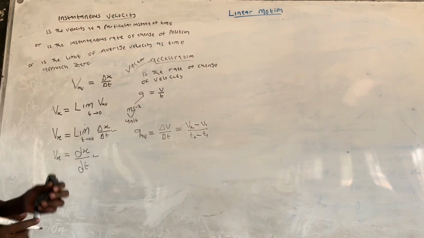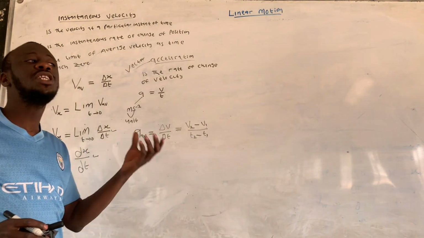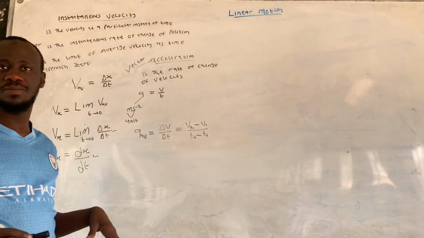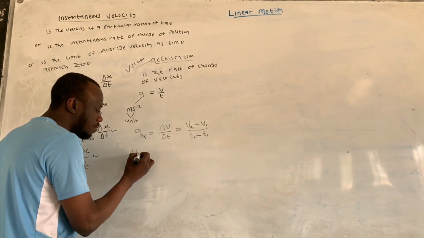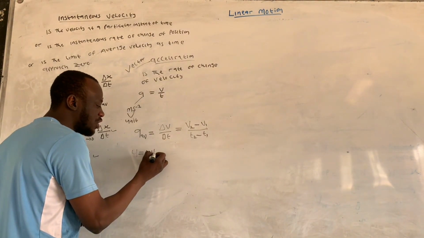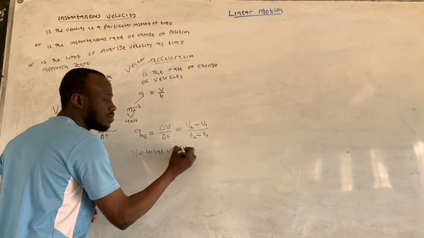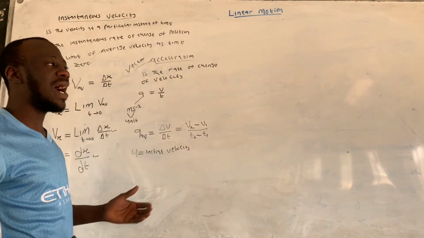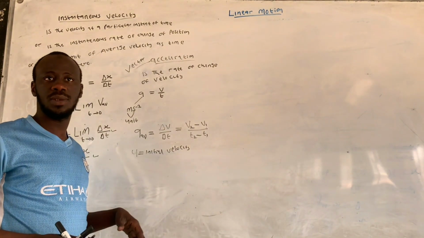But we normally use u and v to describe initial and final velocity. Initial velocity u is the velocity at the start or at the beginning of the motion.